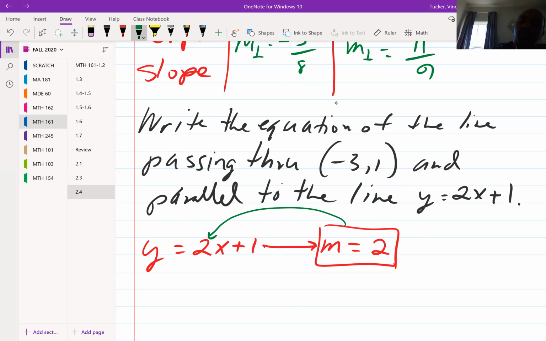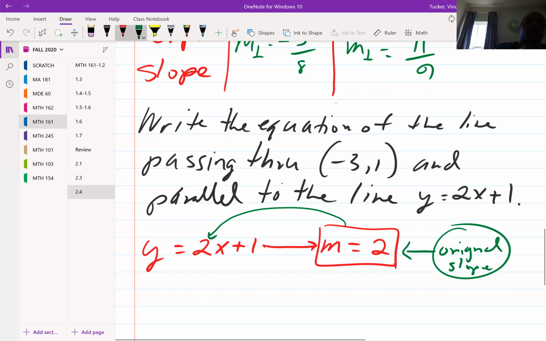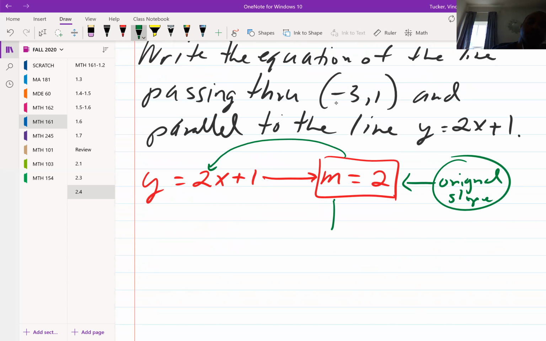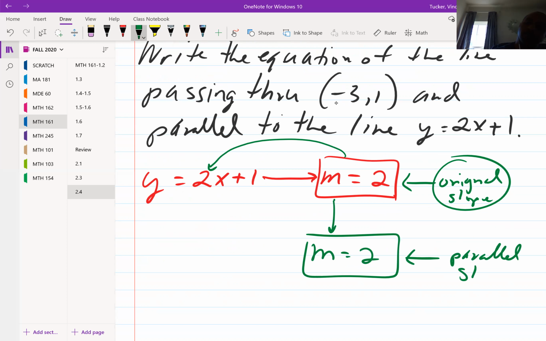So this is our original slope. A line that's parallel to that would be the same. Before we go any further, make sure we're all right.